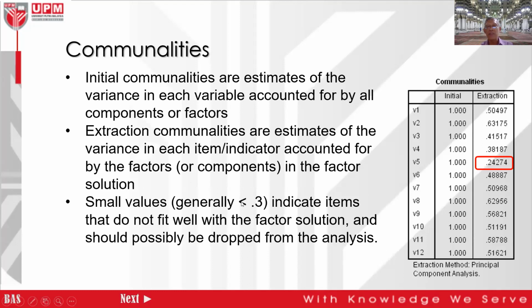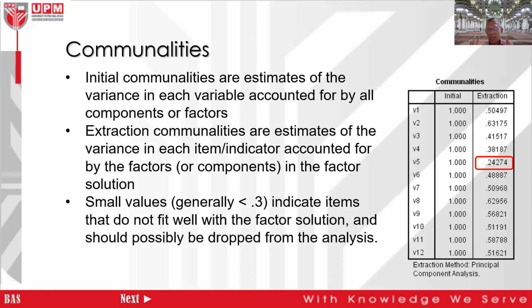If you have any value less than 0.3, in this case we have one value, V5, where the extraction value for communalities is 0.24274, which is less than 0.3. We would expect some problem with this item. The item of concern is V5, because the value is less than 0.3. It is only 0.242.